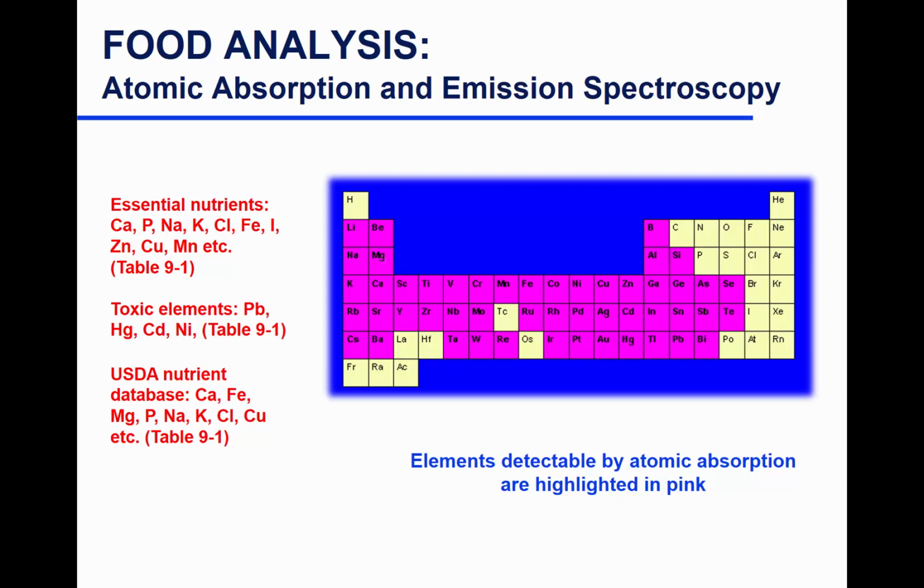And then the USDA nutrient database has information about several minerals in different reference foods. But it's not a complete database yet for all of the minerals or nutrients for all of the different reference foods. So it's not complete, but they have some. And also they're listed in table 9.1 for FYI.